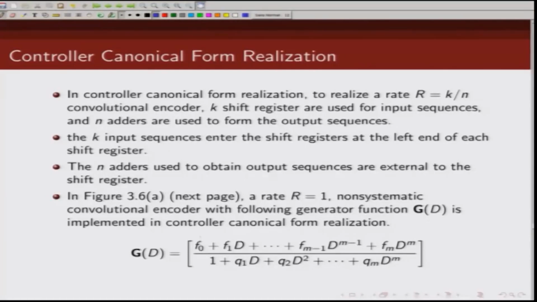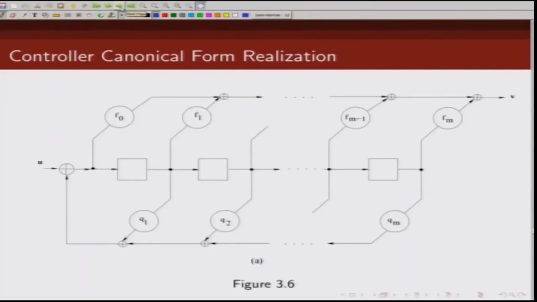So, this input is basically multiplied by f0. The current input is getting multiplied by f0, then one delayed version of the input is getting multiplied by f1, two delayed version is multiplied by f2.